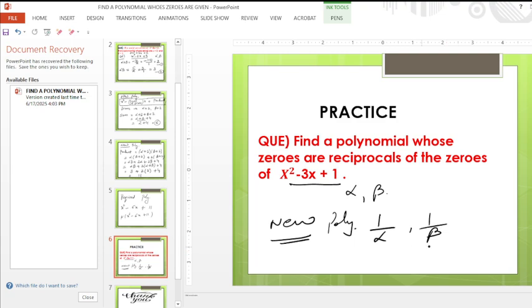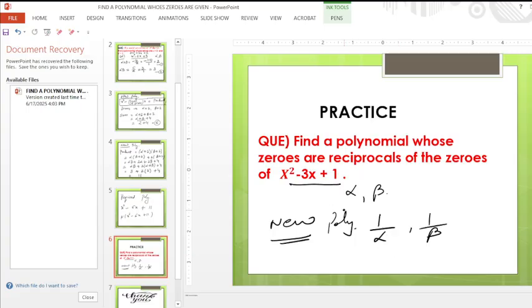Like earlier, find the sum of these zeros by taking the LCM, and the product of these zeros, then substitute the values and frame the required polynomial: x square minus the sum times x plus the product.